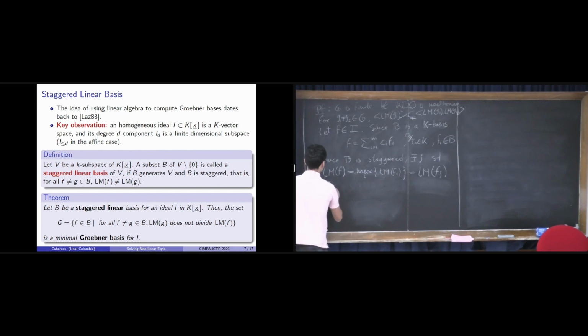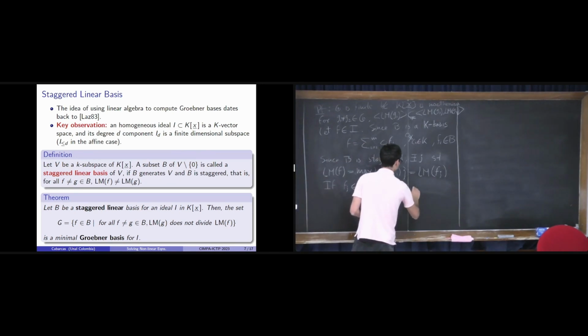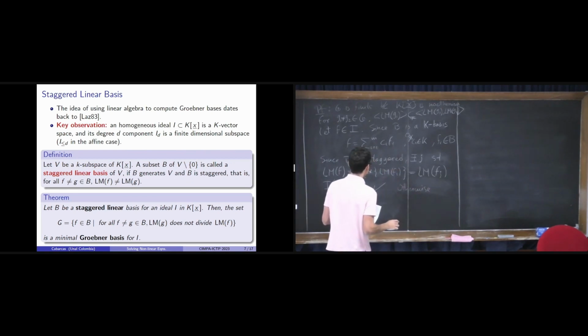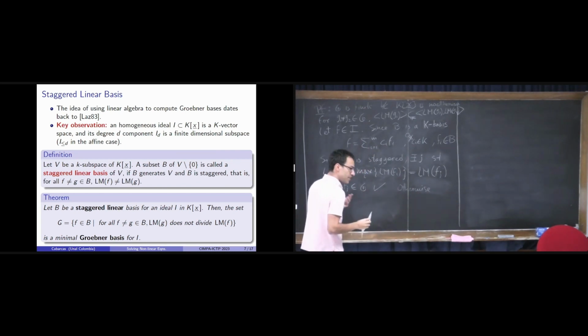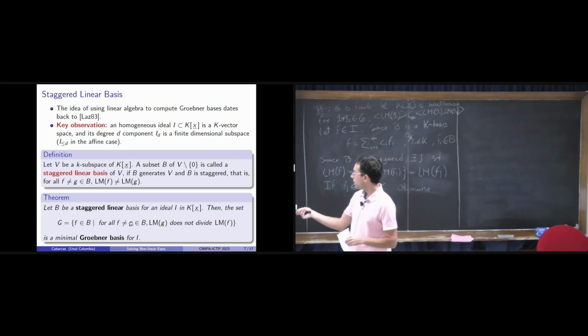Well, if fj happens to be part of G, well, we're done. And otherwise, if it's not in G, by the way we constructed G, there must be some element in B whose leading monomial divides the leading monomial of fj.